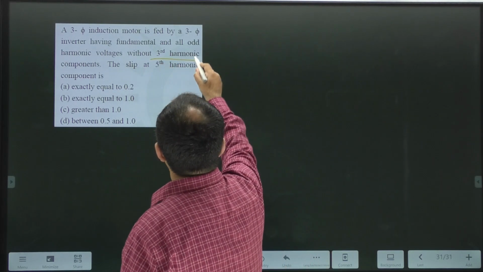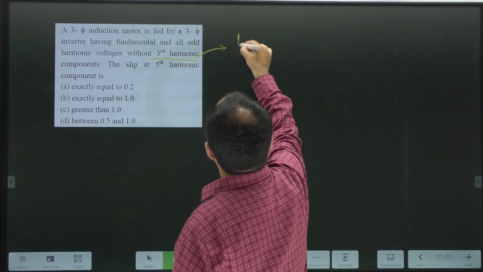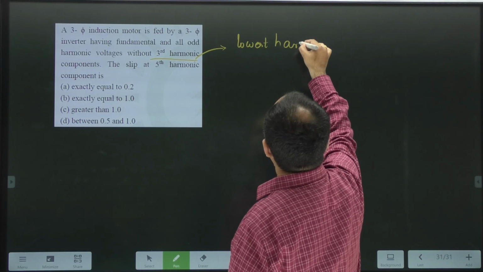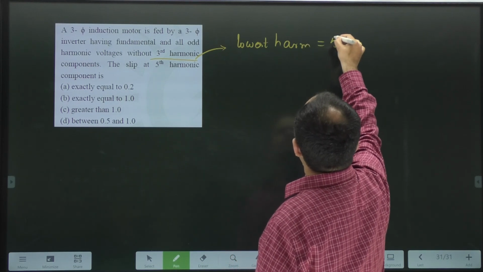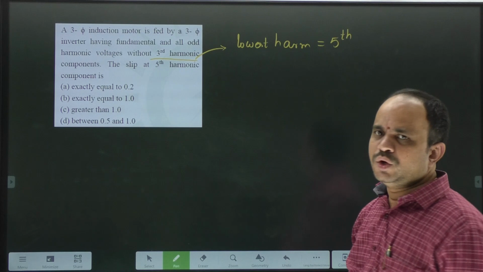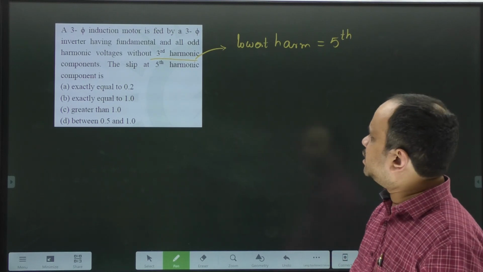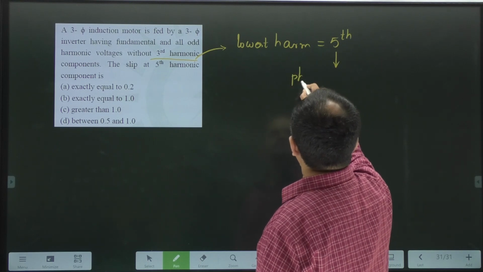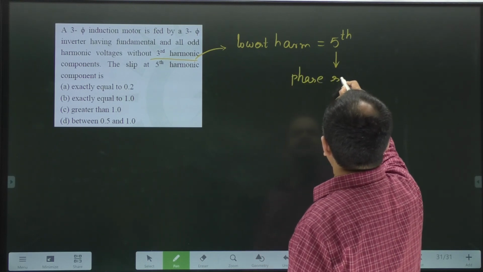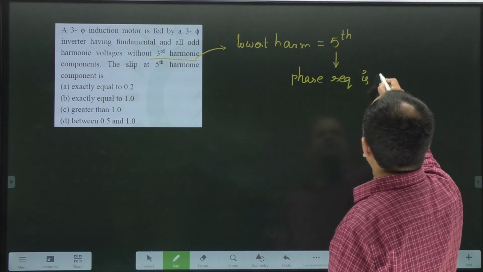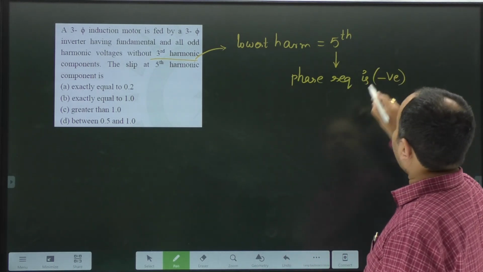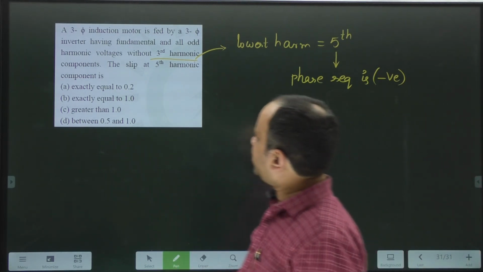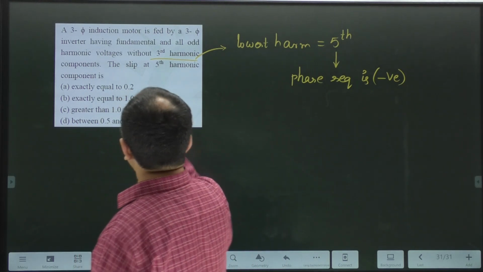Without the third harmonic, what is the meaning? The lowest harmonic is the fifth harmonic. So due to the fifth harmonic, the phase sequence is negative. Phase sequence negative means the slip will be greater than 1.